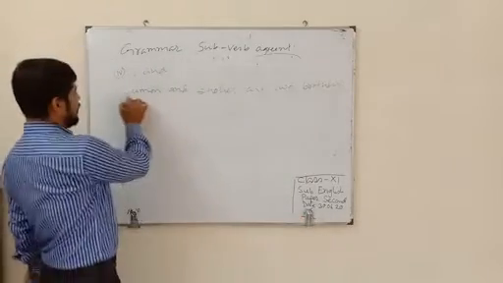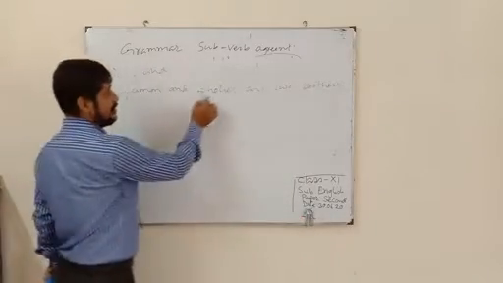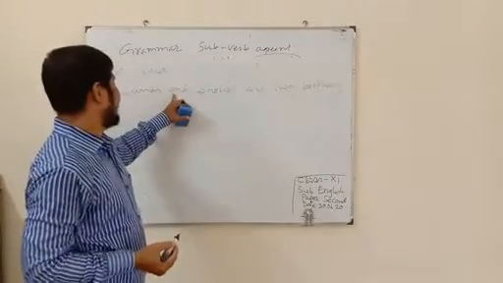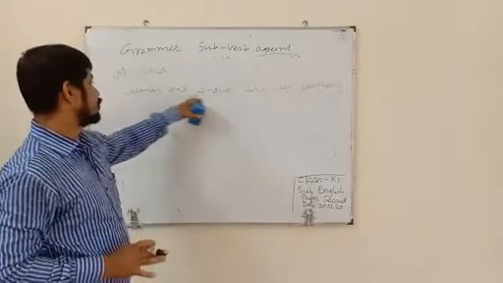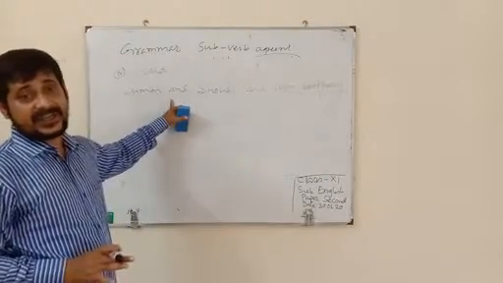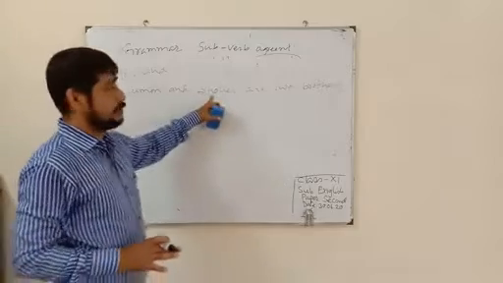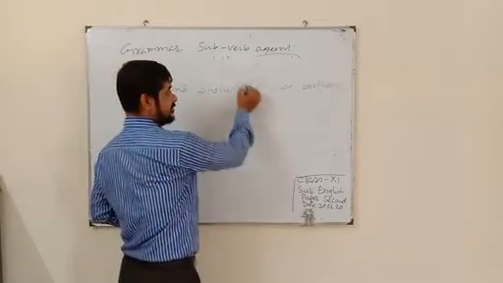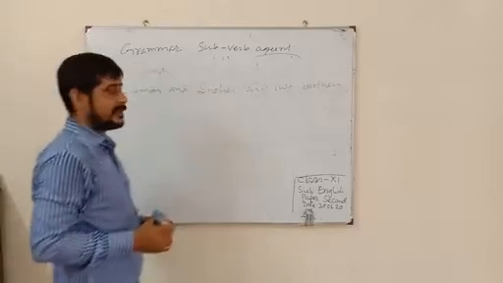Here, Shumon is a singular noun, Shohel is a singular noun, and and has added two singular nouns and they become plural. So, we have used a plural verb here.